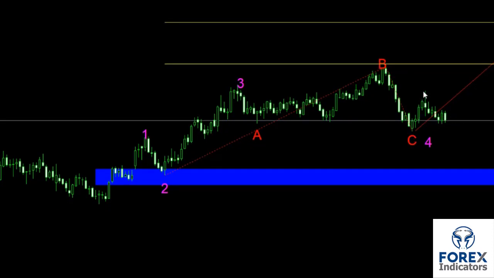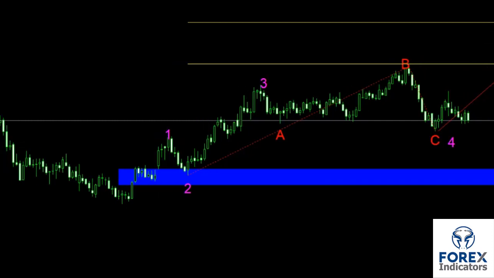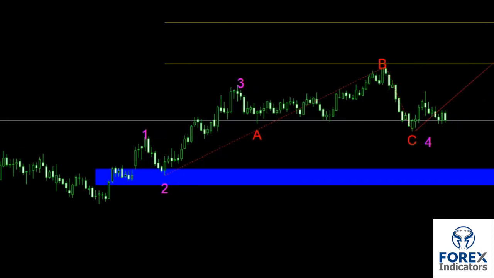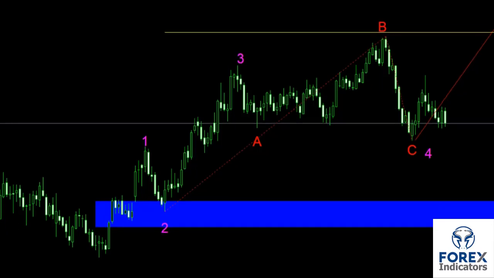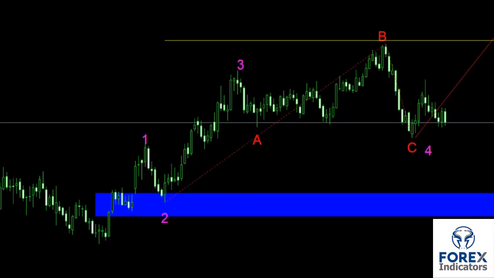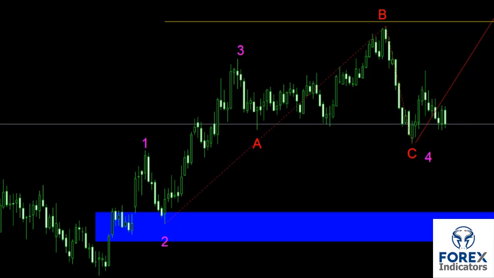We have wave 1, 2, and we look for 3, 4, and 5 to go up. Okay, very good. I hope you understood a bit how we use the Fibonacci retracement and the Fibonacci expansions, how we measure the retracement and the entry points and the targets.